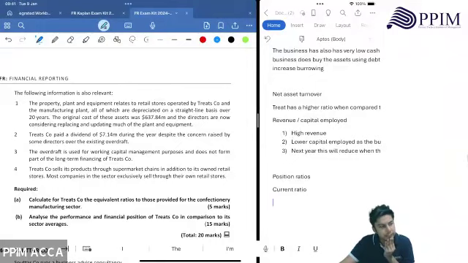Just remember, if it is high inventory turnover, that means we are having more current assets in hand. And again, if it's high receivable also, we are having more in hand. So if it's more, the ratio should improve, no? Yes, Krishma, your answers are correct. That's good.